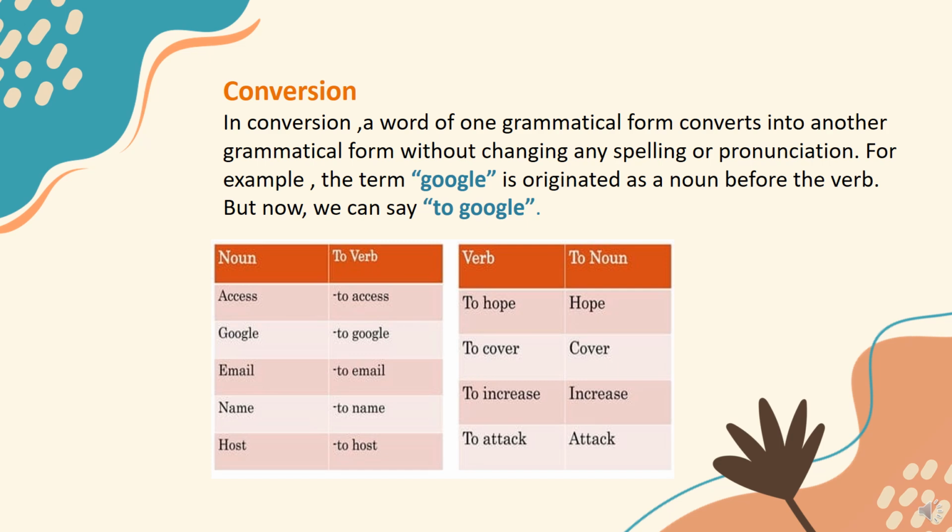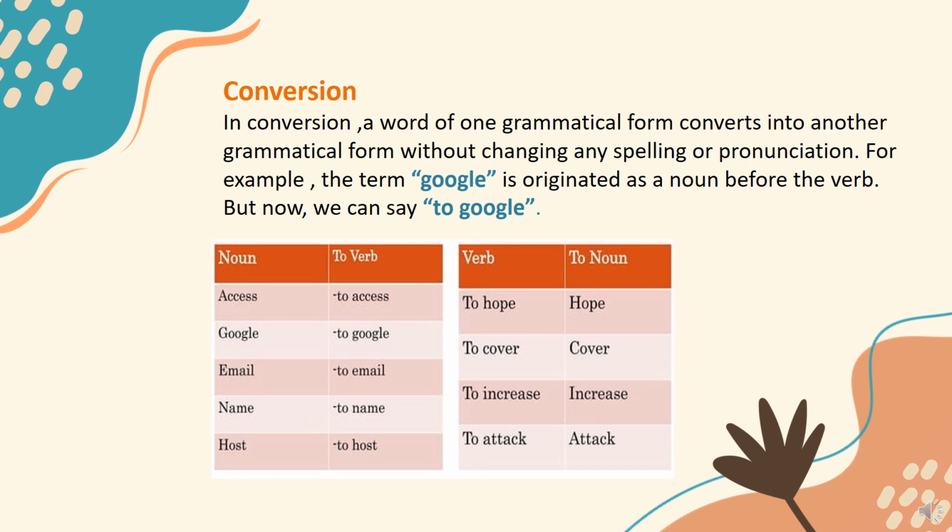Most people see that conversion is similar to back formation, but in reality there is a big difference between them. In conversion, a word of one grammatical form converts into another grammatical form without changing any spelling or pronunciation. For example, the term Google originated as a noun before the verb, but now we can say to Google. In back formation, the noun is totally different from the verb, as television is televised.